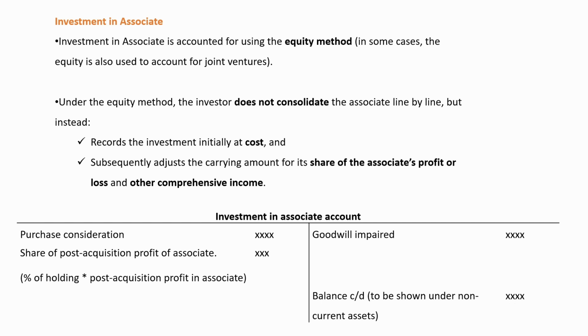Because we don't consolidate associates with the parent. Instead, we show investment in associate account as a non-current asset. So that is the simple way on how we find the investment in associate.